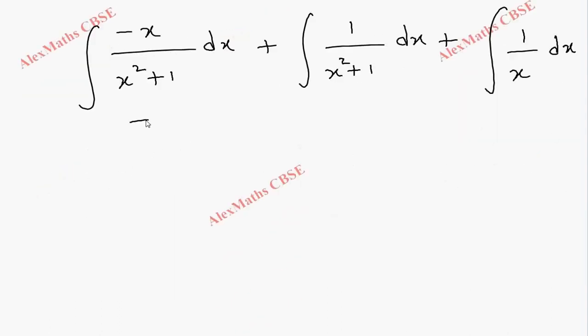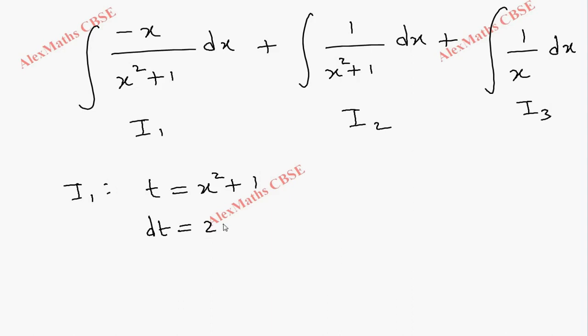Now let's take these as I1, I2 and I3. Coming to I1, we have to take t equal to x square plus 1. From this the value of dt is 2x dx, but in the numerator we have only x dx, so dt by 2 is x dx.